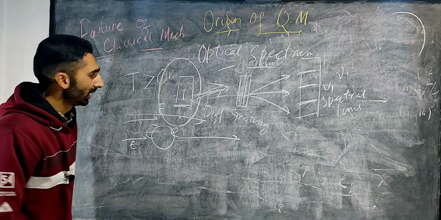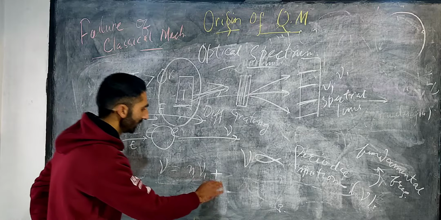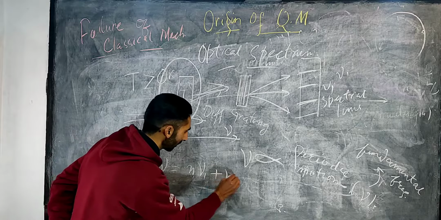If there is nu1 as a fundamental frequency, nu2 as another fundamental frequency for another particle, nu3 for some other particle inside that substance, then the overall frequency is given by integral multiples of these fundamental frequencies: nu = n1 nu1 + n2 nu2 + n3 nu3. This is given by the classical wave theory.